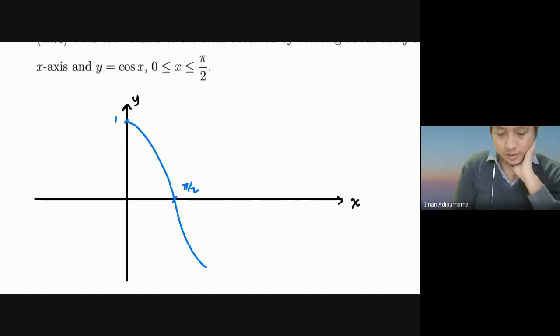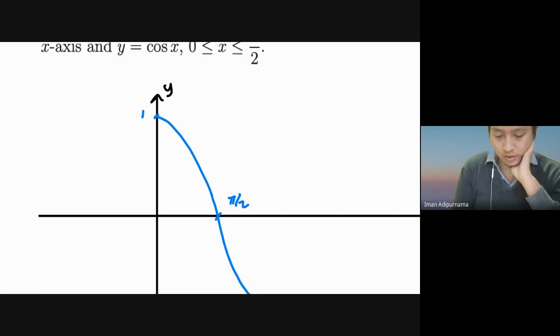Okay. It seems that if we take either way, through this dy or the dx, I think both methods work. Okay.